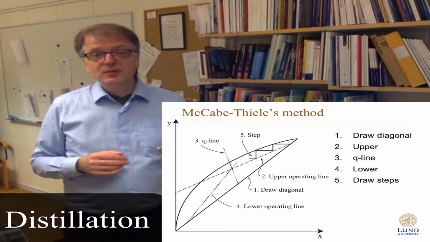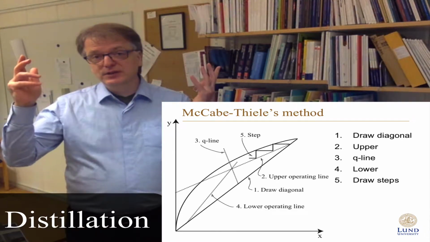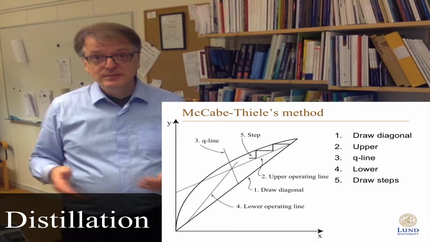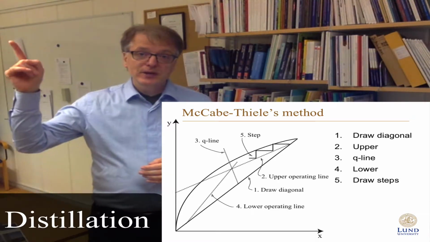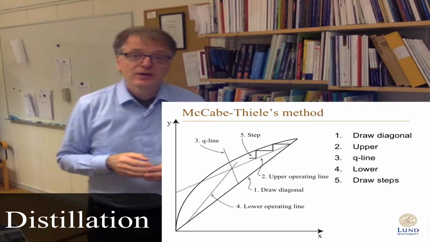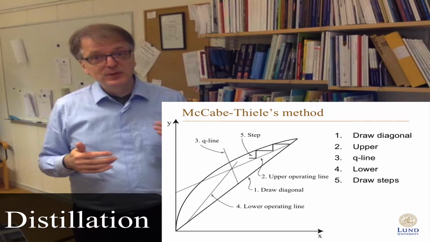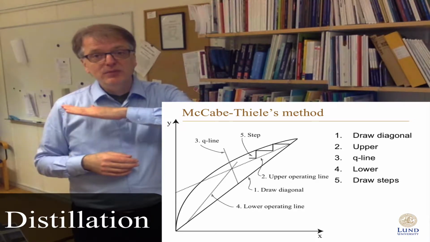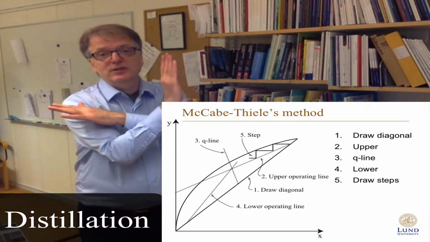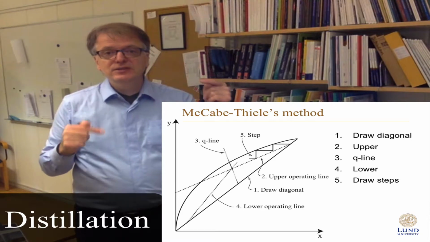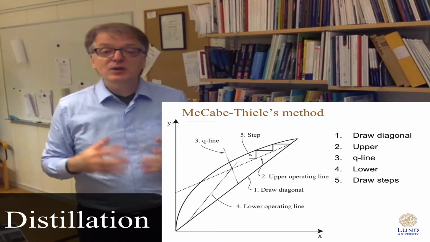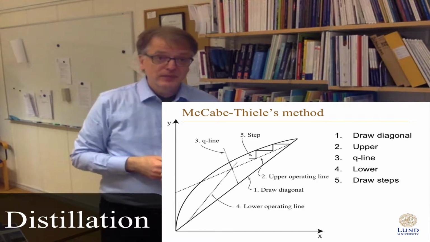In McCabe-Thiele's graphical method, we first find a system diagram that someone has drawn for us. Then we draw the diagonal through that. The system curve is the relation between the composition of a boiling liquid and the composition of a condensing gas, if the liquid and the gas are in equilibrium with each other.